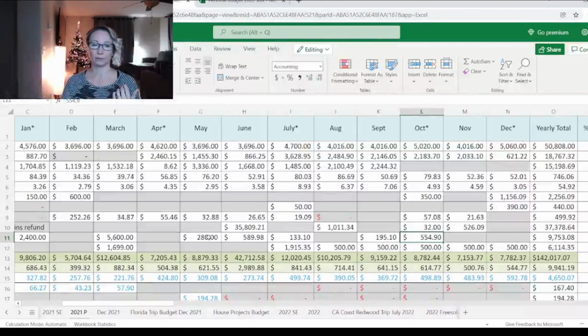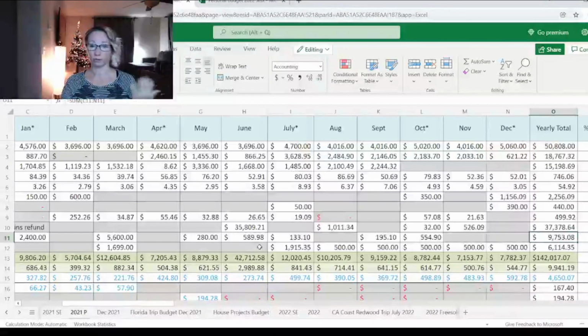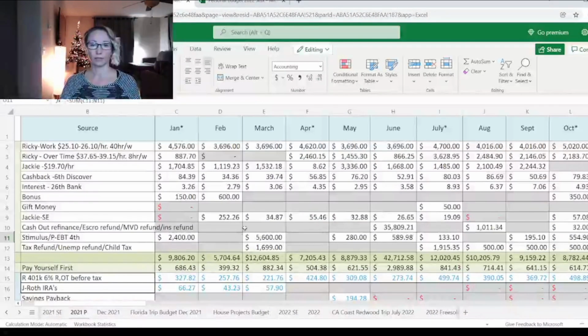So they kind of did them in some big chunks, and then I tried to stretch those to help us out a little bit each week when we went grocery shopping. So all in all, we had an extra $9,750 brought into our household to help with taking care of the children, basically.